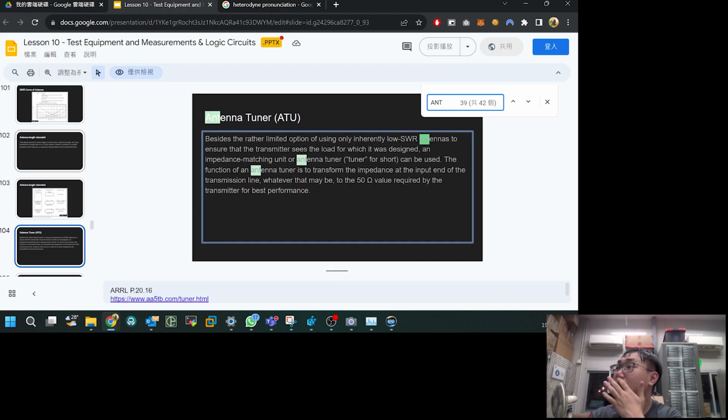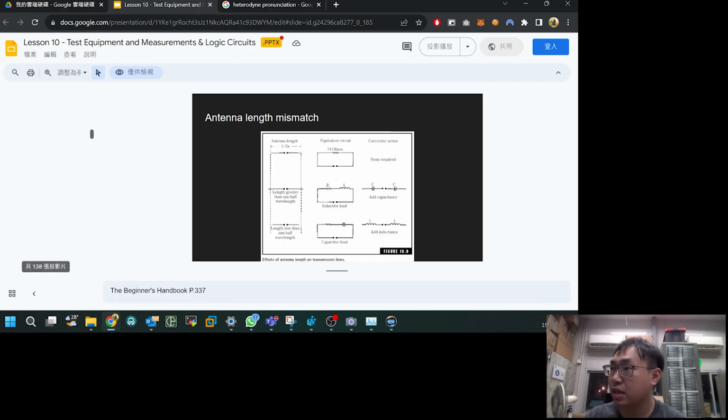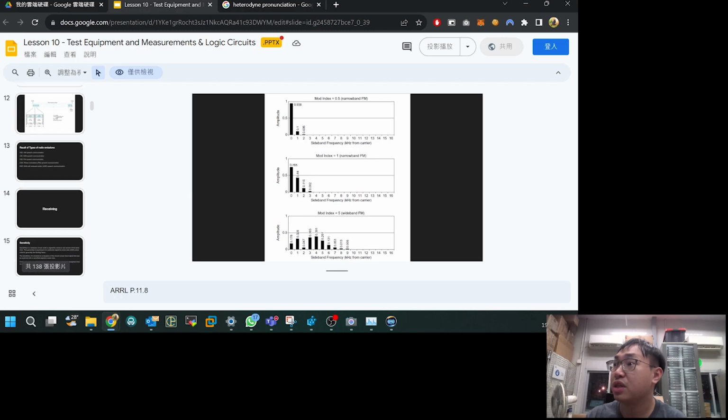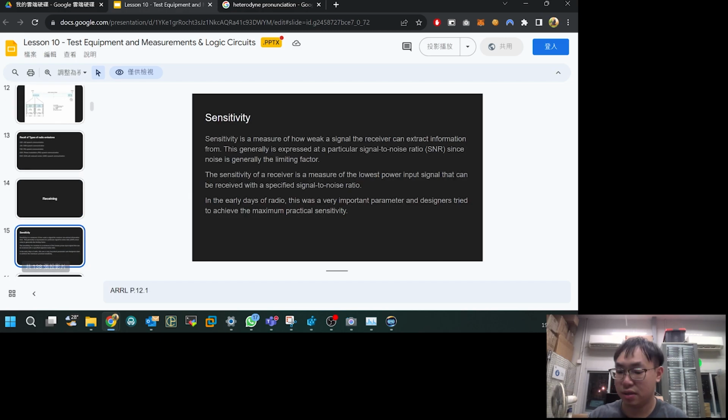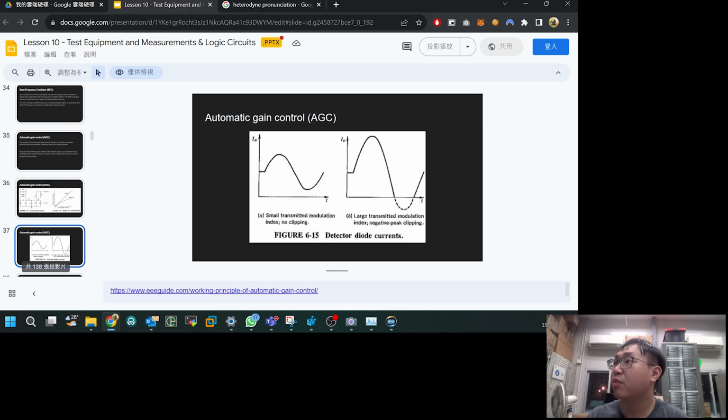Oh yes, the antenna tuner, ATU. I can go through it. We'll go through it at a later time, but I've already prepared the materials.